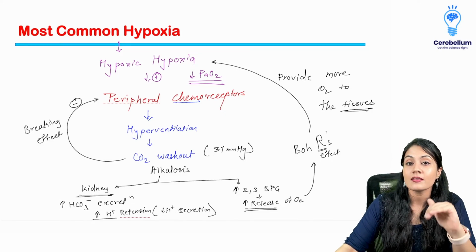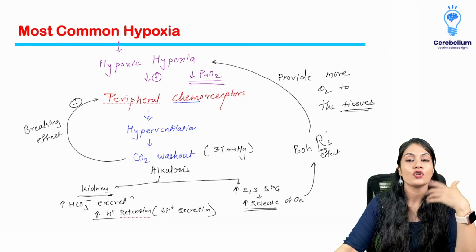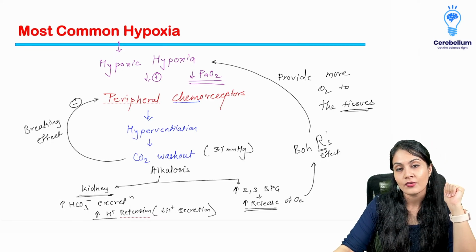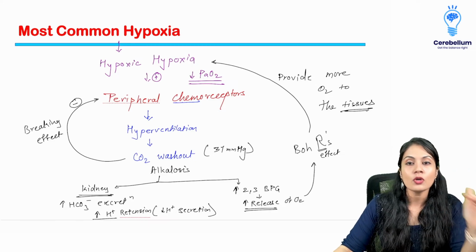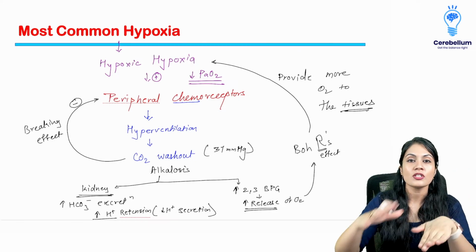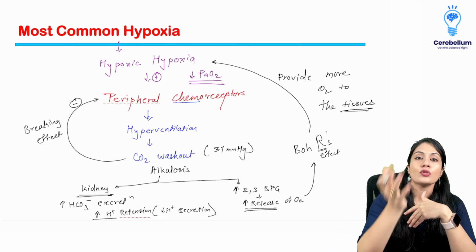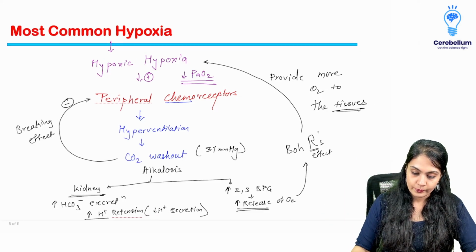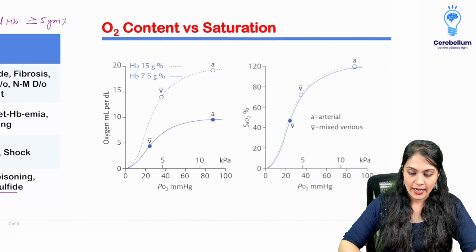That can stimulate the central chemoreceptors. So it depends on how much is the pH, how much is the H plus ion retention, and whether it is affecting the CSF or not. Depending on that, the peripheral chemoreceptors will have the balance of respiration. All right. So this is the mechanism with which the hypoxia can get compensated by the body.